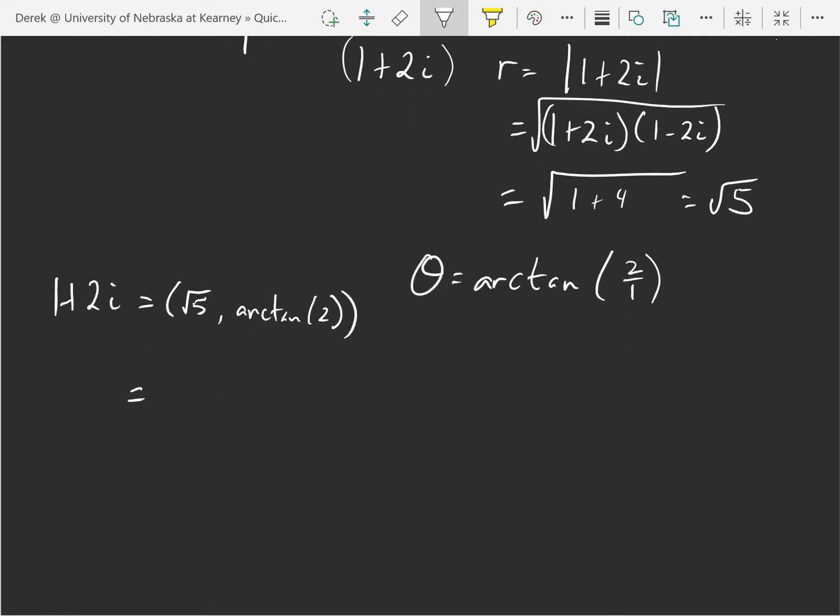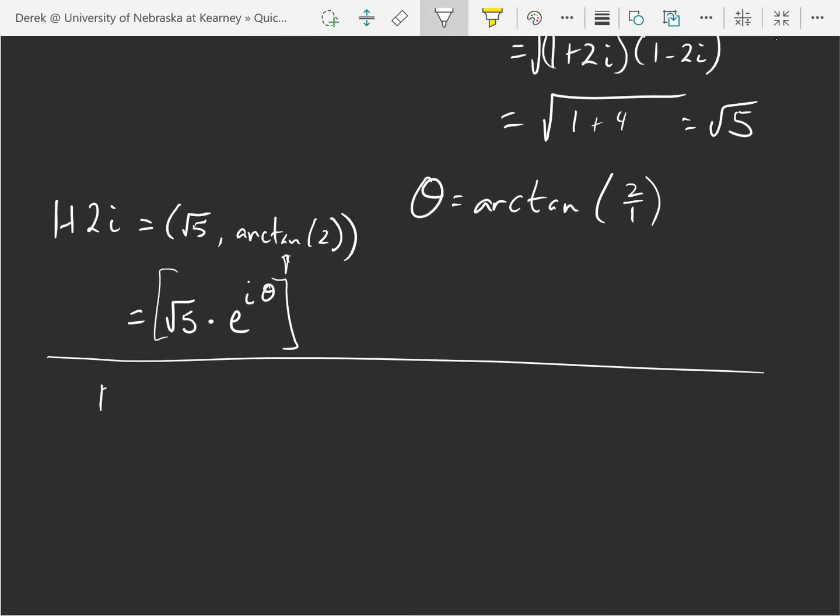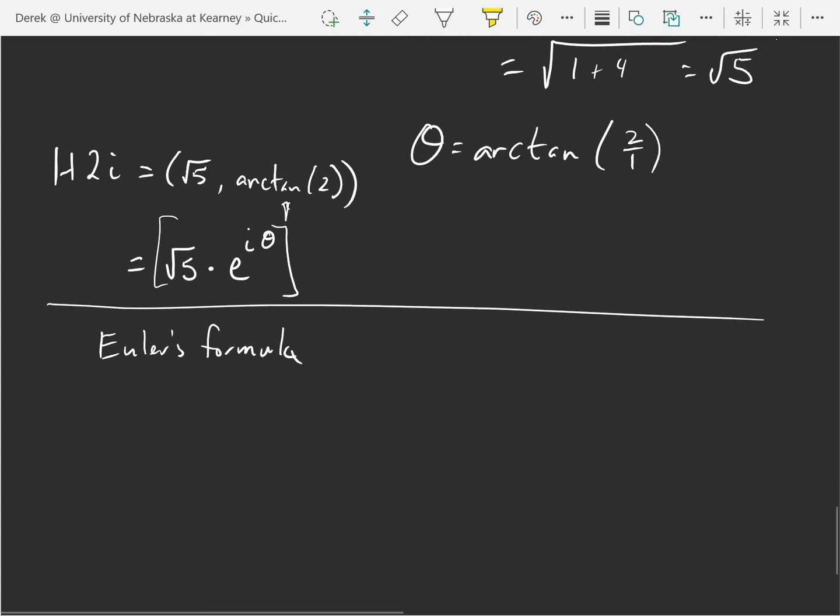It turns out, and the book presents this in the earlier chapters, that I can rewrite this as the square root of 5 times e to the i theta, where this is theta. And why that works is Euler's formula. If you recall Euler's formula, which says e to the i theta is equal to the cosine of theta plus i times the sine of theta.